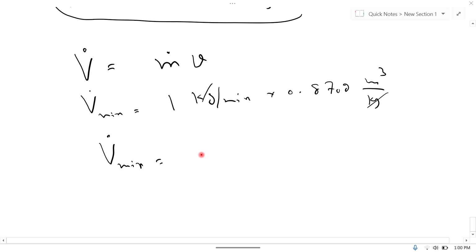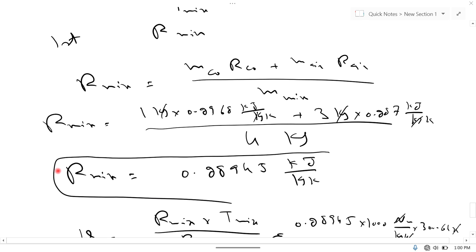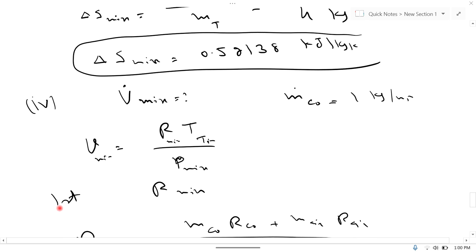This is basically total mass, this is 4 kilogram. The mass given to us here is basically mass of carbon monoxide, but we know that the masses of carbon monoxide and air are in a ratio of 3. It means that mass of air will be 3 kilogram per minute. So total mass flow rate will be 4 kilogram per minute.